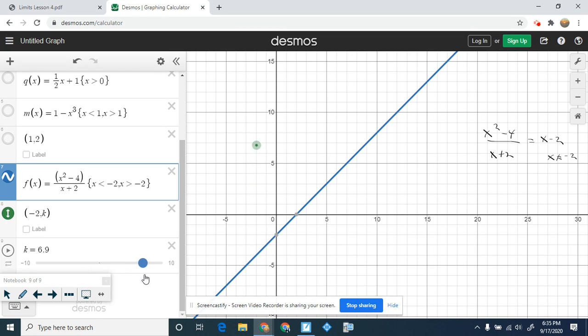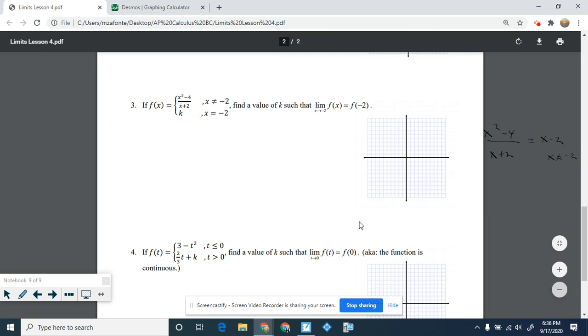There's a k value of 5, there's a k value of 10, there's a k value of 8, there's a k value of negative 1.9. So this can be any k value that we want. Now the question says, if I go back to it, find a value of k such that the functional value at negative 2 actually equals the limiting value.